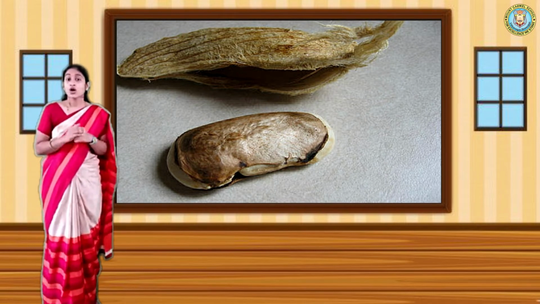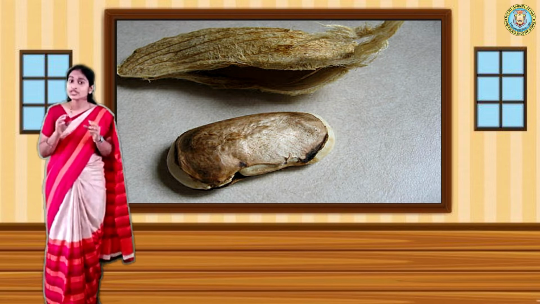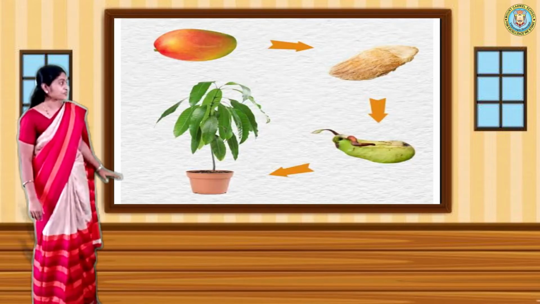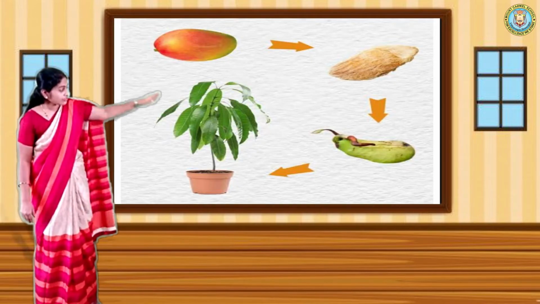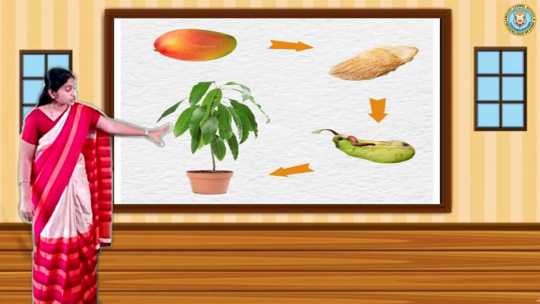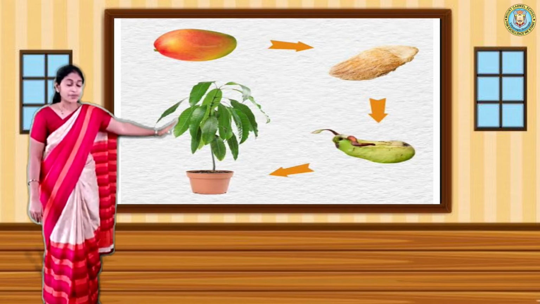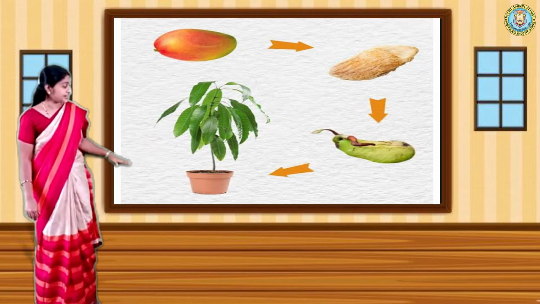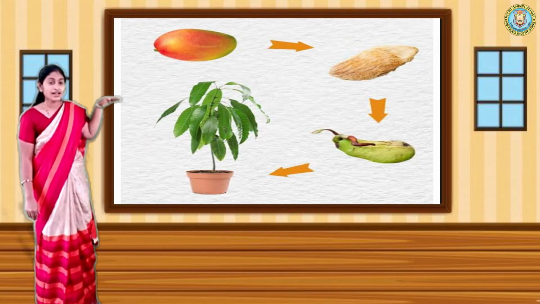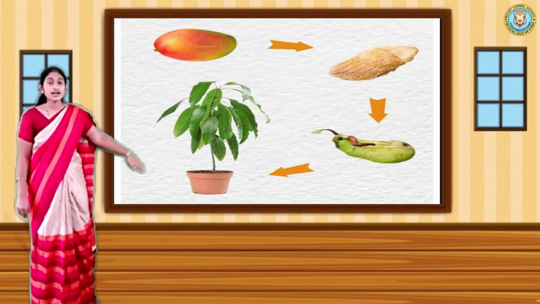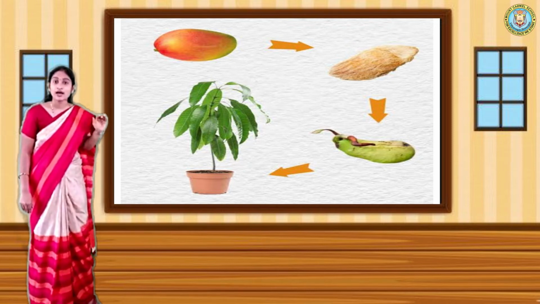What happens when we put a mango seed into the soil? Germination starts. Means the leaves come up, and again the entire baby plant will grow. This is the reproduction process in mango.